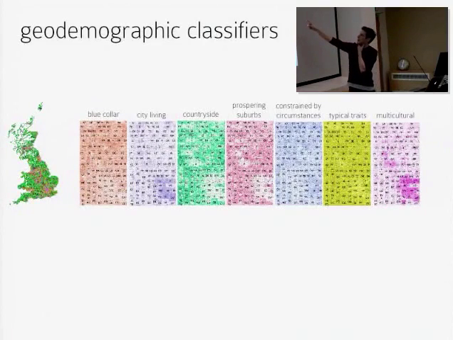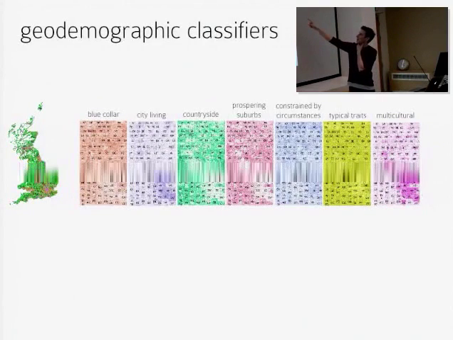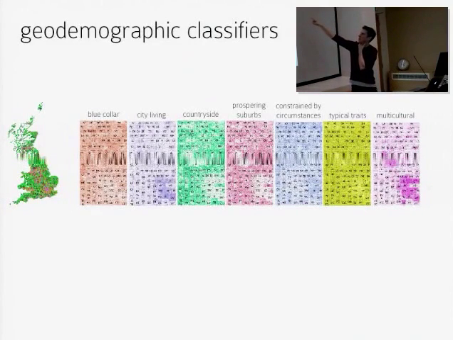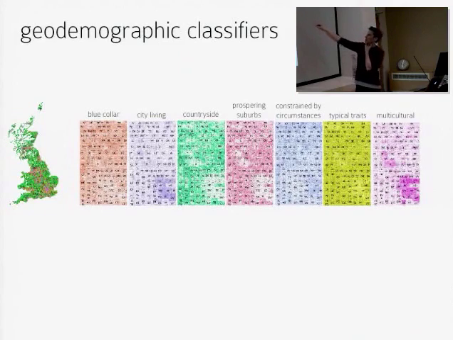So multicultural, compared to everything else, these are generally well defined because there's spatial autocorrelation in them, because we've got these clusters of areas that are very multicultural in and around the southeast, so around London.